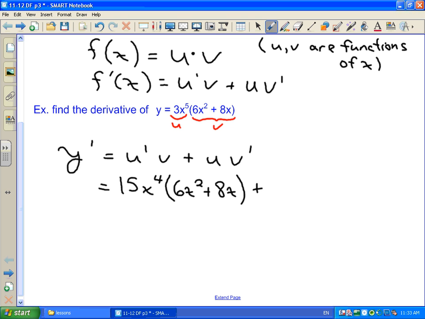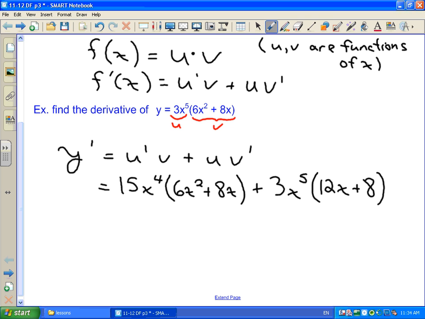To that term we are going to add, we keep u the same, so 3x to the power of 5, and we multiply that by the derivative of v, or v primed. The derivative of v is going to be, bring down the 2, so we get 12x, and the 8x term just becomes 8. So there's our derivative we got by applying that product rule.